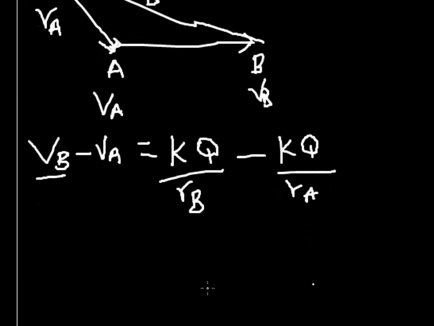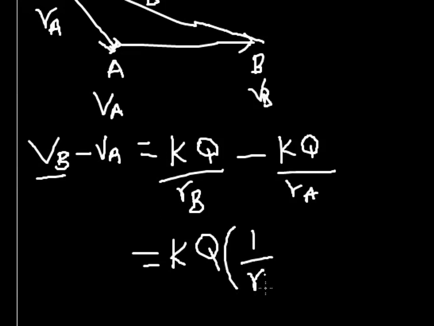With what we have, you know very well that we ought to factorize. K is taken outside the bracket. Q is also common, so I'm taking both KQ. What is left now is 1 over RB minus 1 over RA.